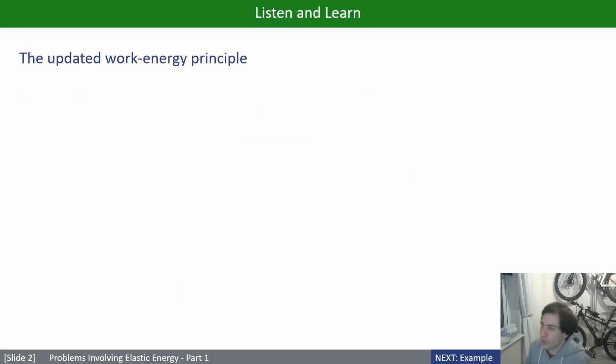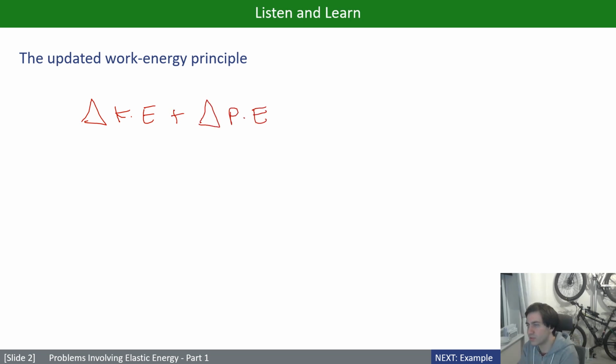Okay, so now that we've got the elastic potential energy concept, let's add that to our work energy principle equation. So if you remember, the way I prefer to express it was this, as a sum of changes.